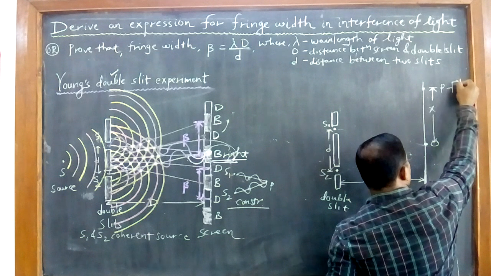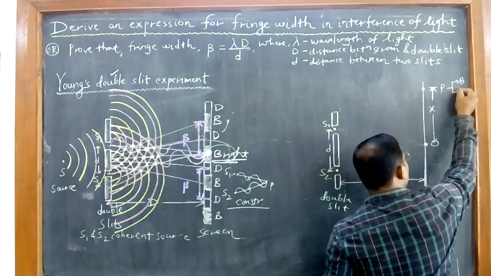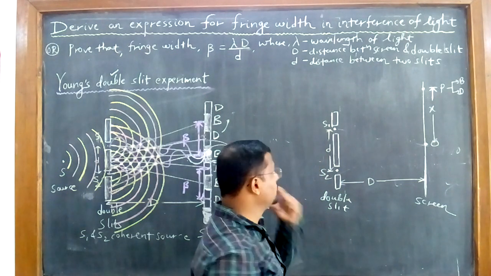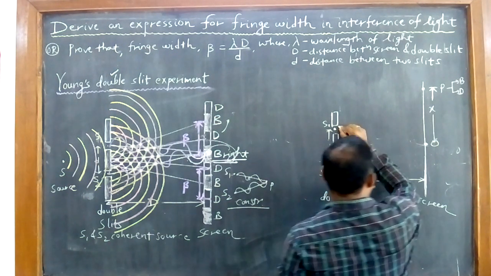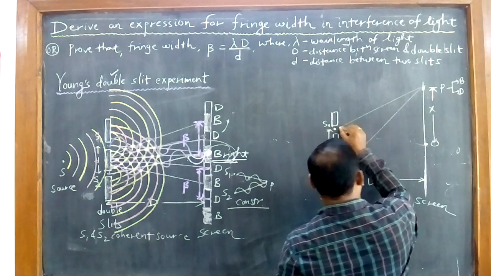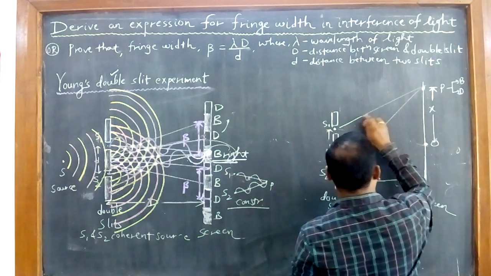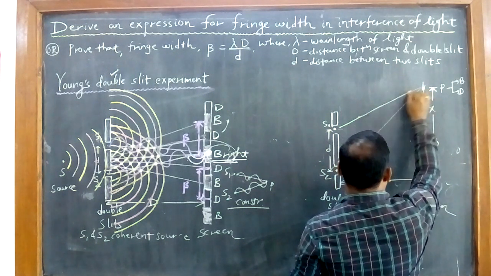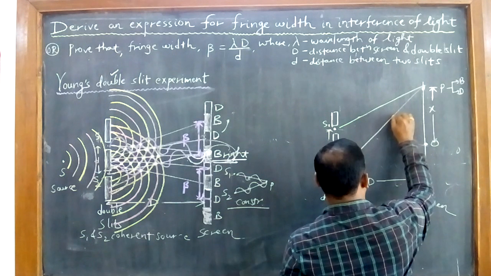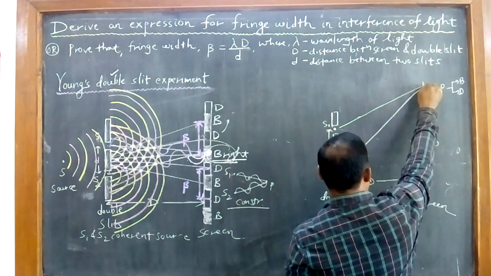At point P you may have brightness, or at point P you may have darkness. Exactly what, I can't say. The light is moving from S1 to P and the light is moving from S2 to P, and in between these you have got the path difference. Why path difference here? Because we clearly see the distance S2P is greater than S1P.